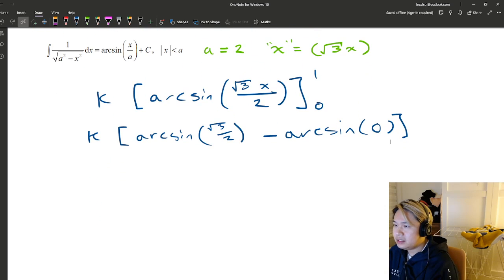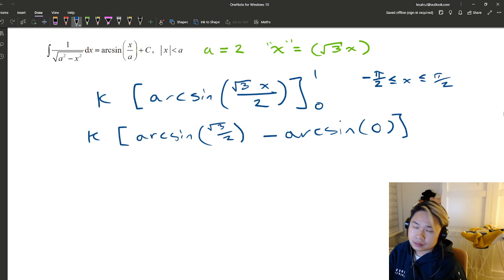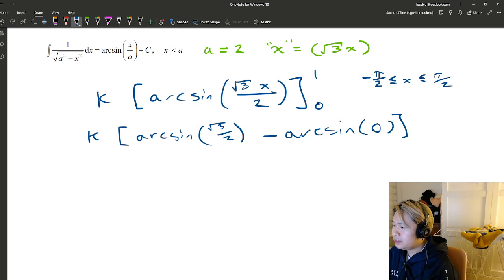Okay, and then just keep in mind, arc sine is defined for, I think it's negative pi over 2 to pi over 2 or something. Okay. And so if that's the case, we can evaluate each of these. The arcsine of root 3 over 2 is pi over 3.